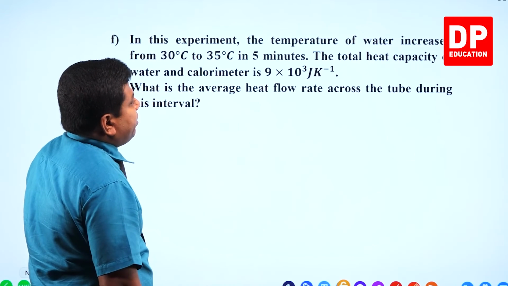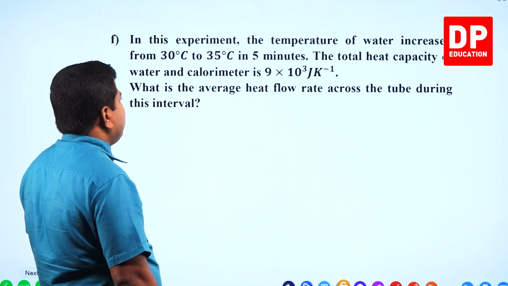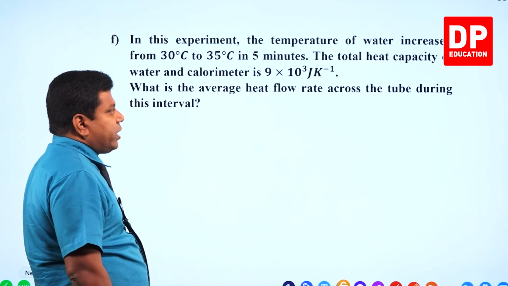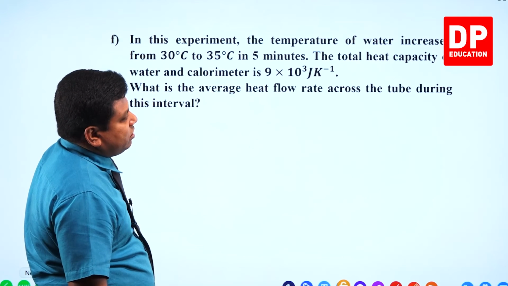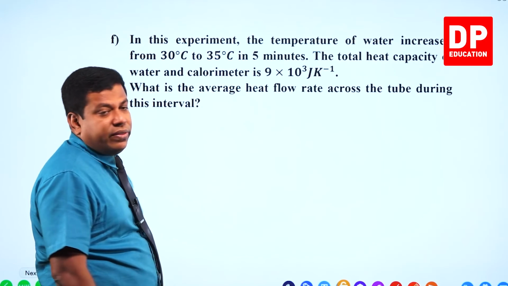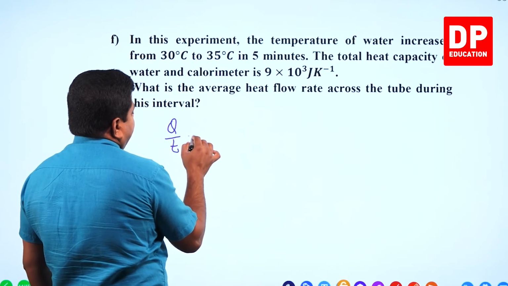In this experiment, the temperature of water increased from 30 to 35 in 5 minutes. The total heat capacity of water and calorimeter is 9 into 10 to the power 3. What is the average heat flow rate across the tube during this interval? So let's say Q by T is what they are asking.